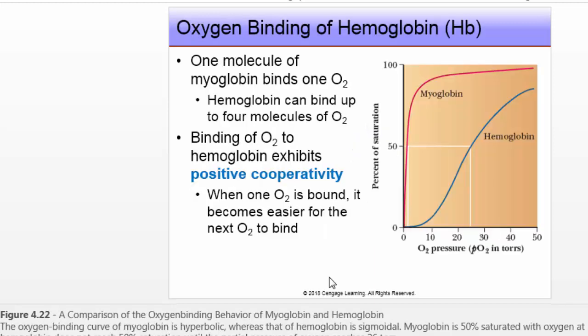Now, oxygen binding of hemoglobin. One molecule of myoglobin binds one oxygen. Hemoglobin can bind up to 4 molecules of oxygen. Binding of oxygen to hemoglobin exhibits positive cooperativity. When one oxygen is bound, it becomes easier for the next oxygen to bind.